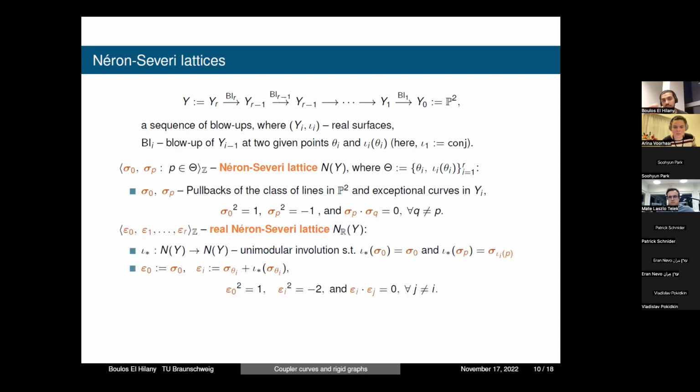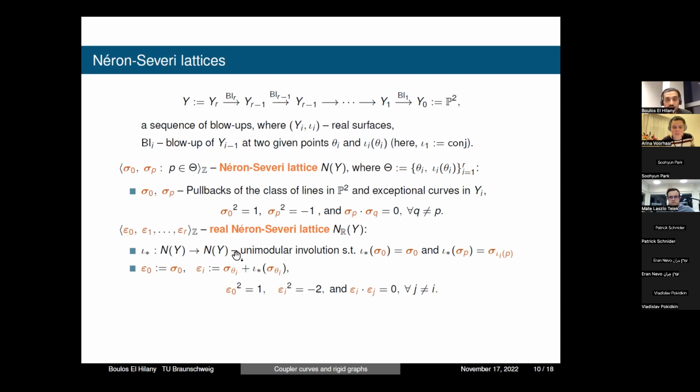Now, my lattice is special because I used two complex conjugated points, right? So if I pick any two complex conjugated points in any of those surfaces, then the real structure transforms one to the other, and this can be lifted to my Néron-Severi lattice. So I obtain a group lattice, right?